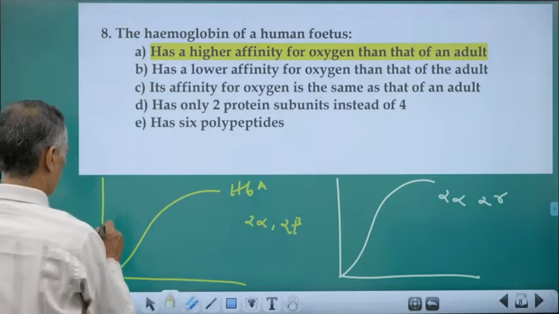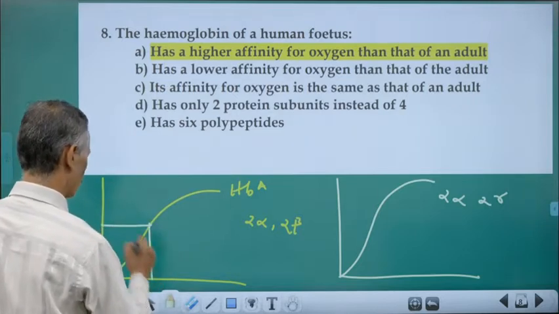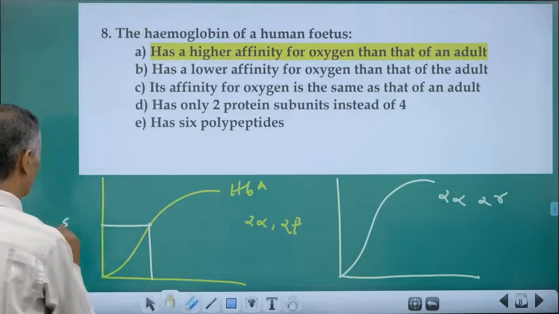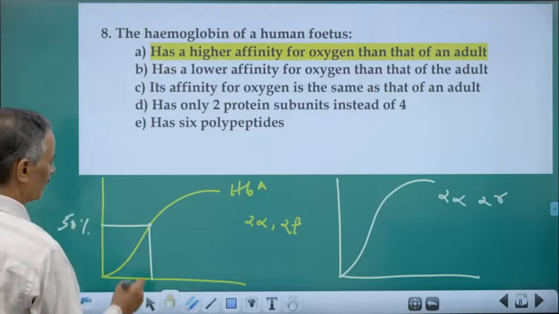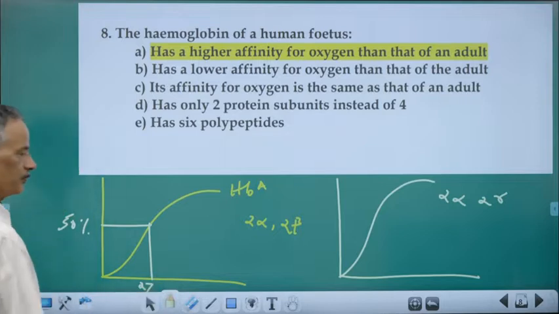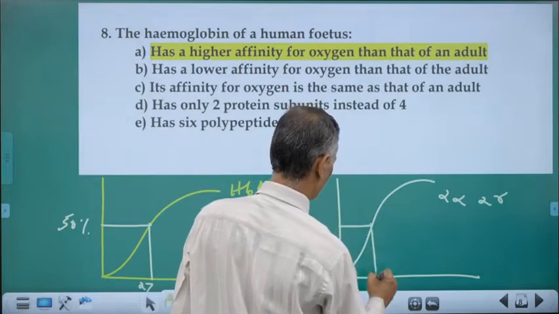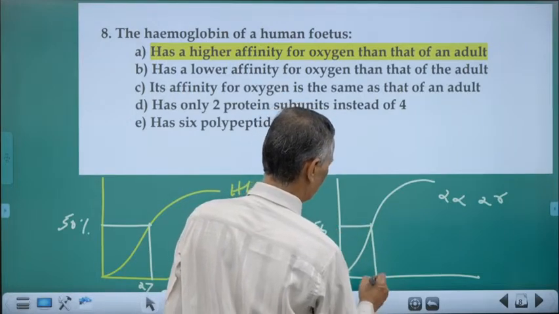See, the P50 value, that is the partial pressure at which 50% hemoglobin becomes saturated, in our case is 27. But for hemoglobin F, this P50 value is 19.